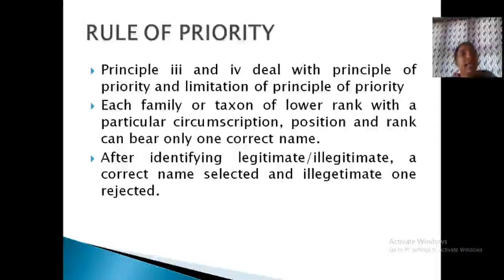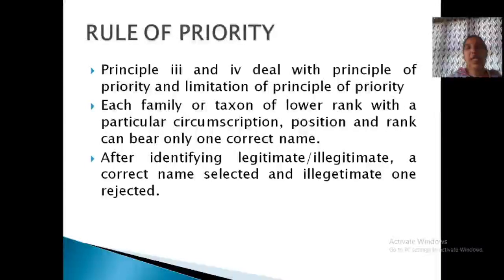Each family or a taxon of lower rank, below family, genus, species, everything, with a particular circumscription, description, position and rank should have only one correct name. That is a legitimate, correct name. That is the rule of priority.